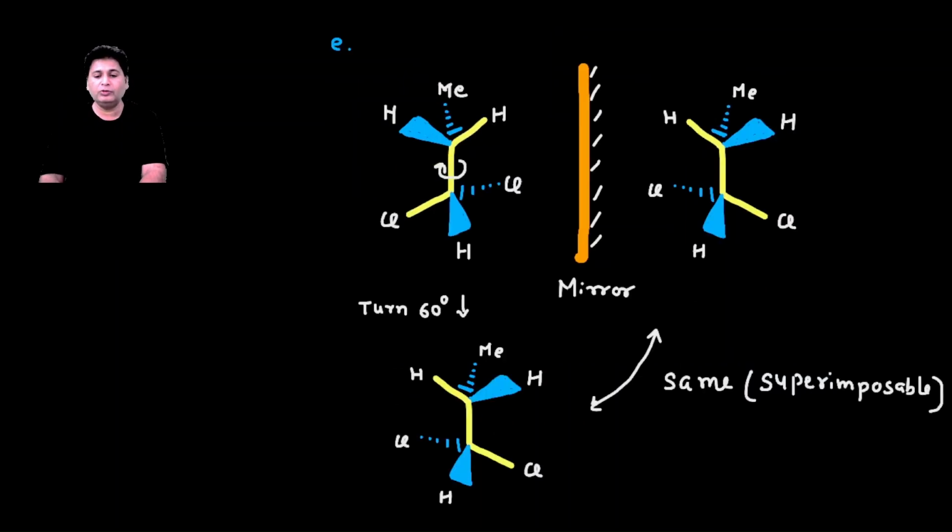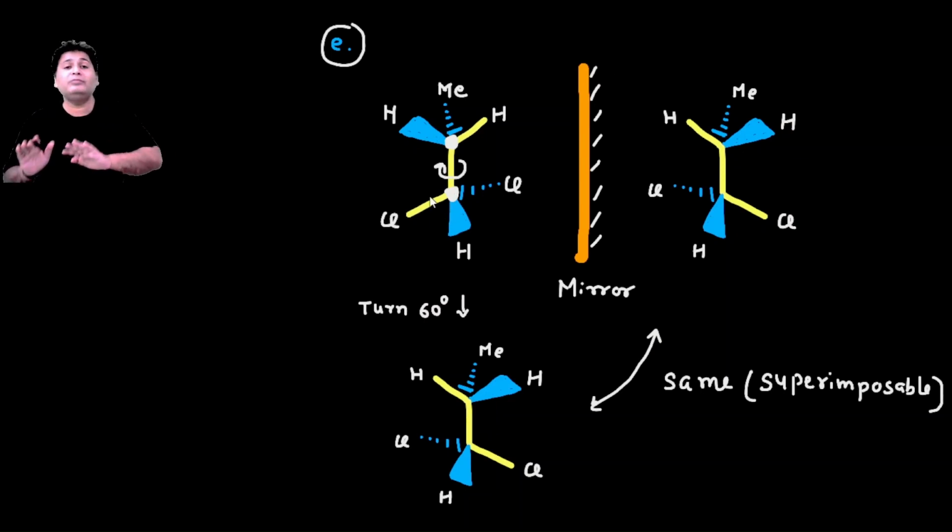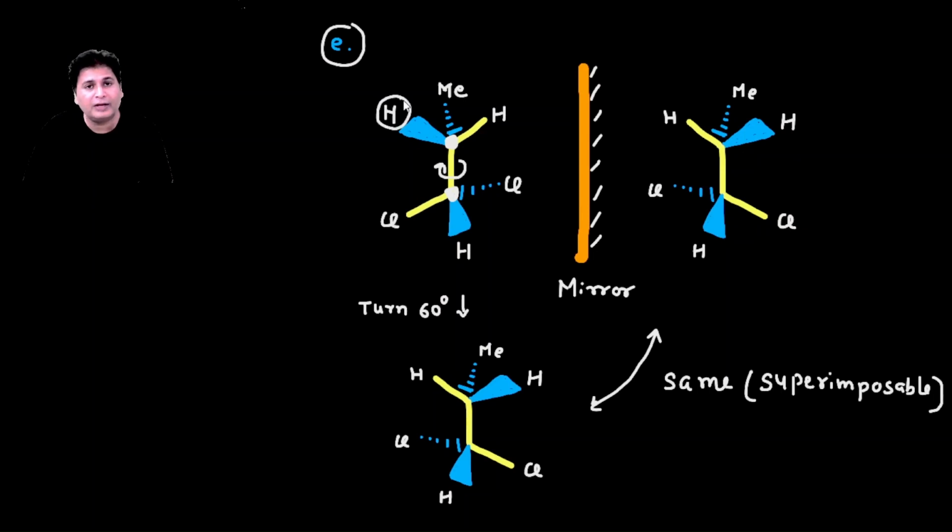Now coming on to example number E. If you take these 2 carbons, before chirality I am just looking for the chiral carbons. If you see the top carbon, the 2 groups are the same, both are hydrogen, so the top carbon cannot be chiral.